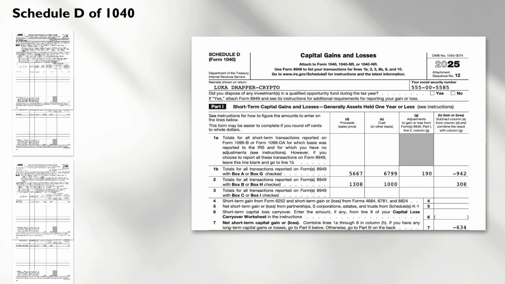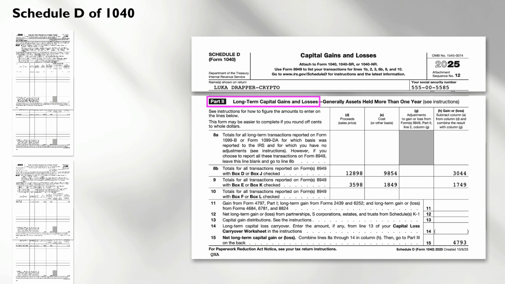In our example, the short-term stock sales resulted in a $942 loss, and the short-term crypto sale resulted in a $308 gain. These amounts are combined on line 7, resulting in a total short-term capital loss of $634.